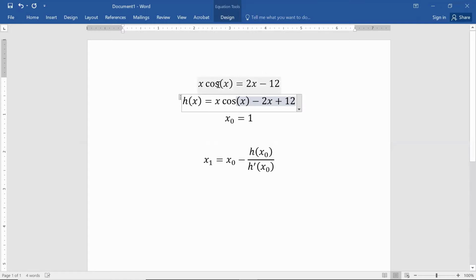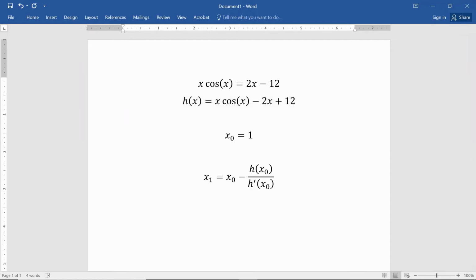So I'll subtract 2x and add 12 to both sides of the equation, and that will give me a 0. If I let h of x equals x cosine x minus 2x plus 12 be my function, I know the roots will match up with solutions to the equation.